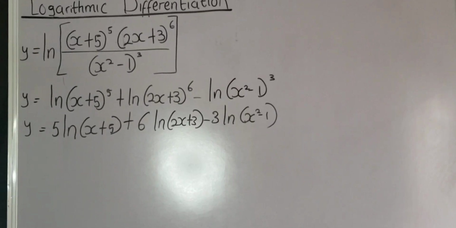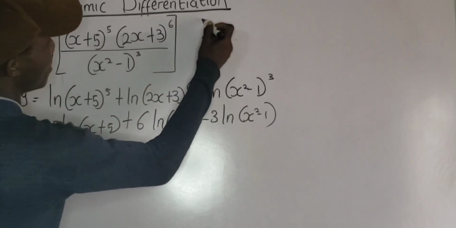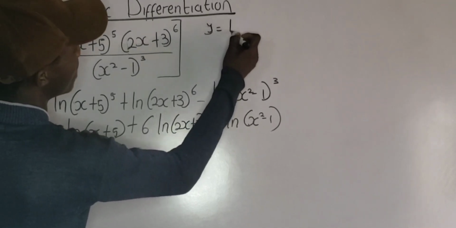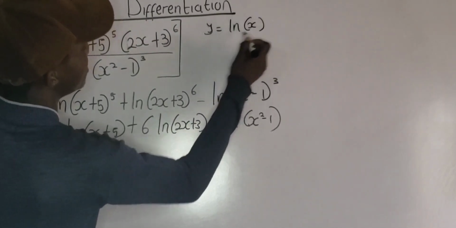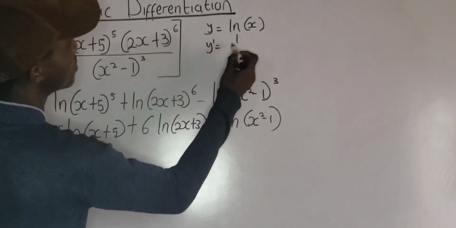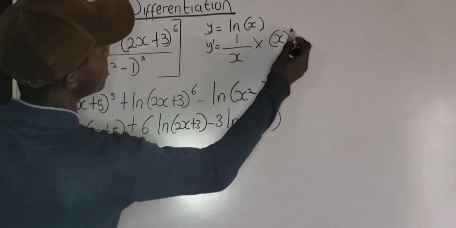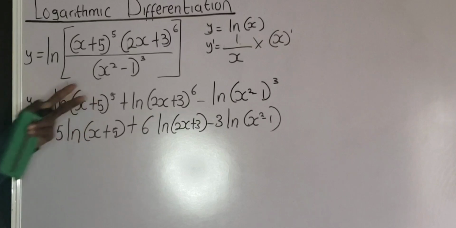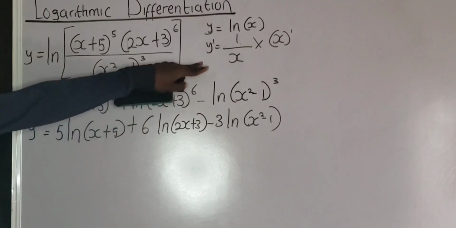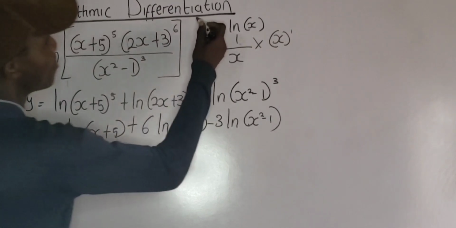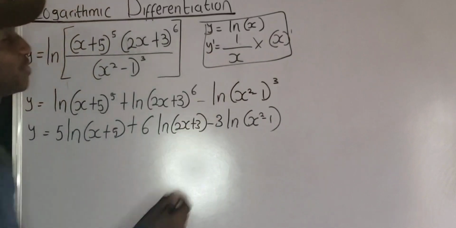Also, in our previous class, we learned that if y is equal to the natural log of x, the derivative of y is equal to the inverse of the function inside the bracket multiplied by its derivative. Do you understand? That is how to take the derivative of a function that looks like this. This law is very important when you are dealing with logarithmic differentiation.